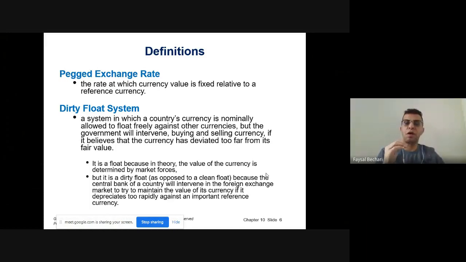So if the American dollar goes up, the UAE dirham goes up, and if the American dollar goes down, the UAE dirham goes down. There are other countries that peg to two currencies, three currencies, or a basket of currencies.